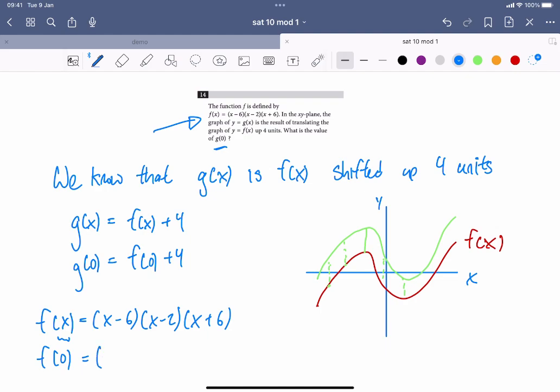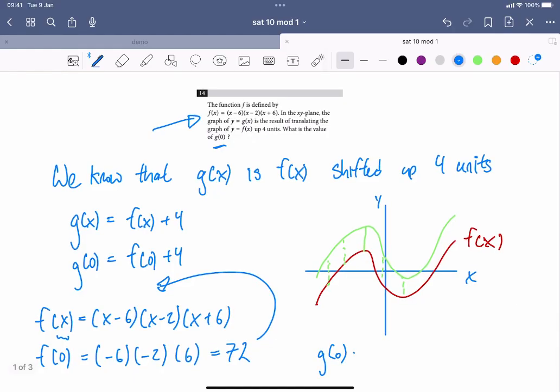So we would get negative 6 times negative 2 times 6, which equals 72. So f of 0 is 72. Plugging this 72 back in, we see that g of 0 equals 72 plus 4 equals 76. And that is our answer.